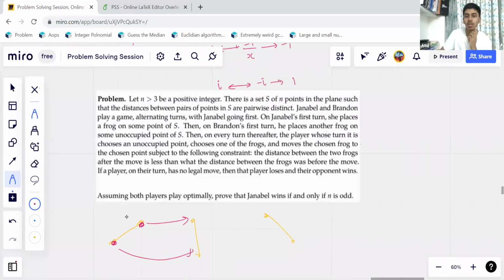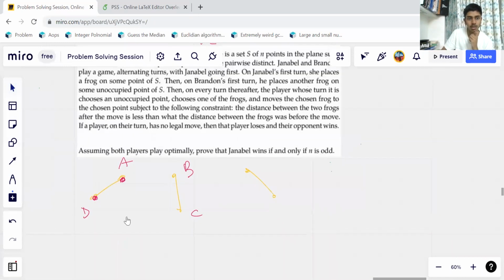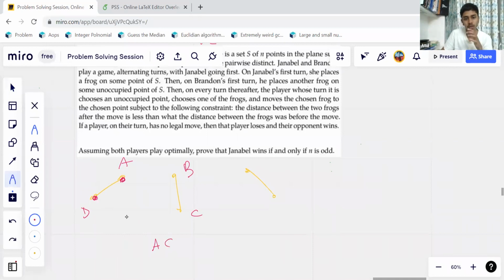Wait, are you sure about distances? You need to make sure that the cross distance is more than the... Ah, I see. Okay, that's annoying. Wait, if we have A, B, C, D, the only way you can move from D to C is if AC is less than AD.